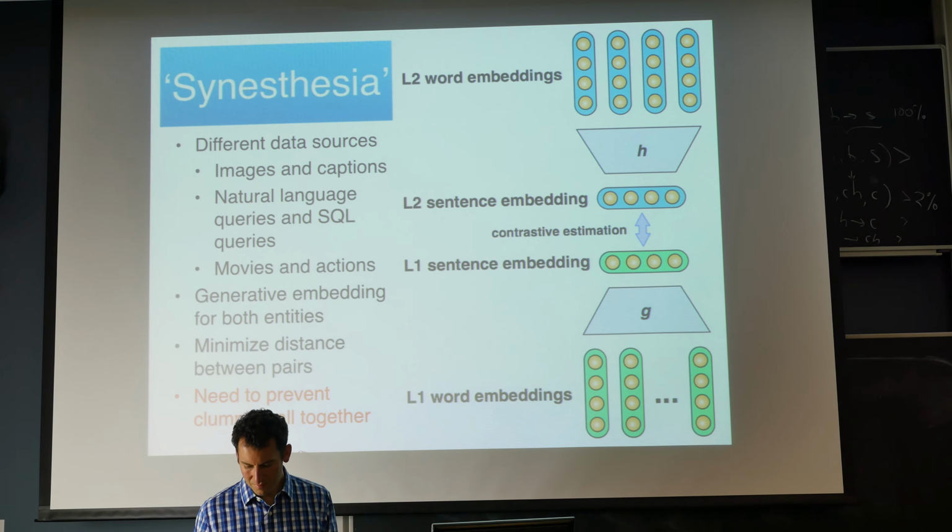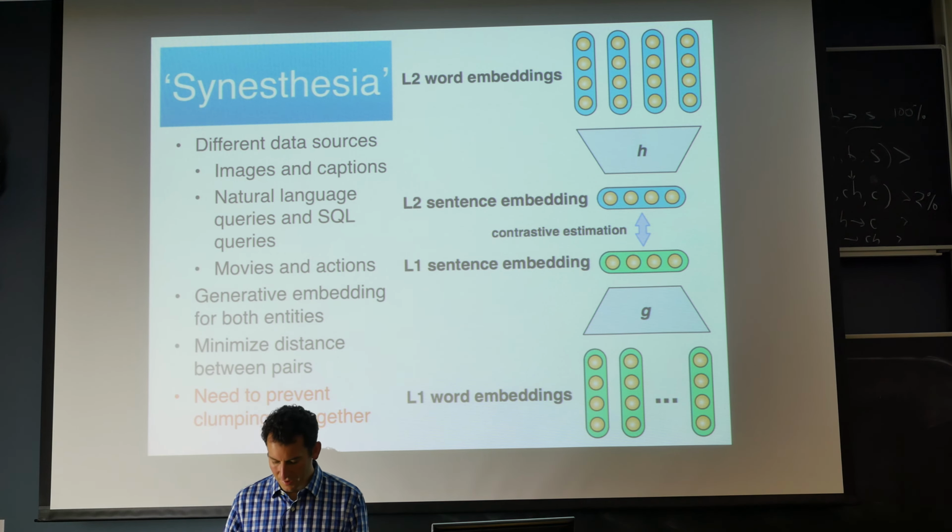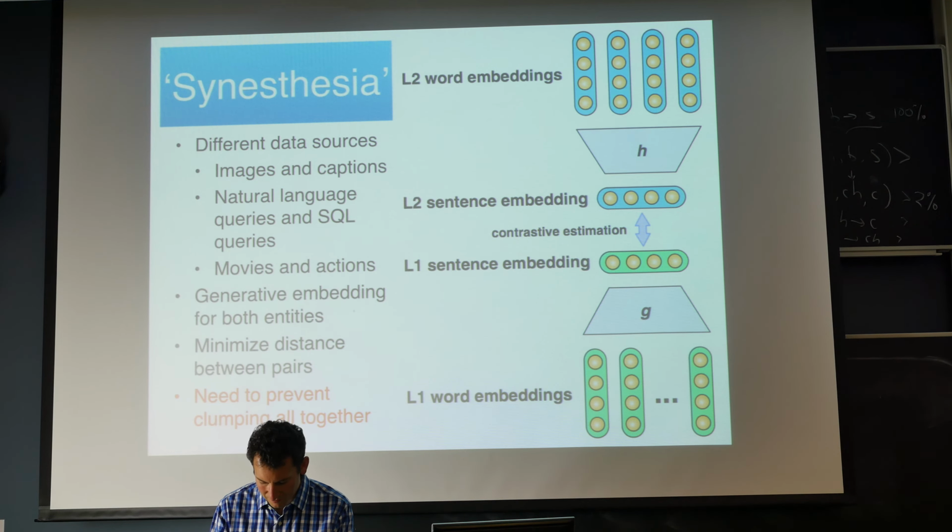So the example that I have here on the right is basically you have, for language 1, some word embeddings. I then do something interesting to get sentence embeddings. So there's actually a nice ACL tutorial from last year by a guy called Nal Kalchbrenner.